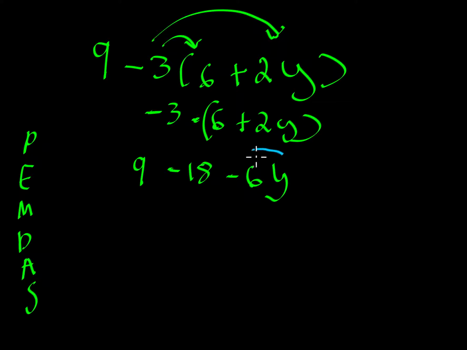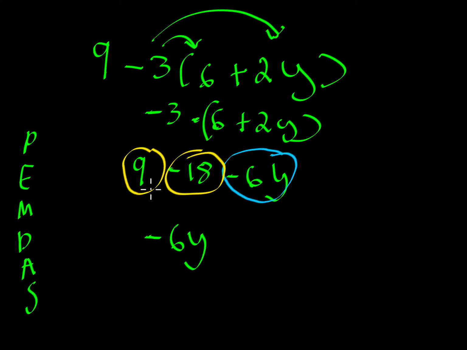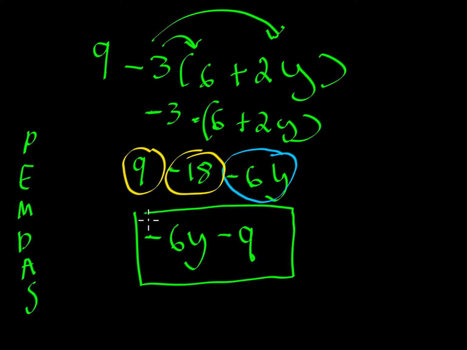There's only one algebraic term here that has a variable, negative 6y, so you can't add anything to it. However, there are two constants here, 9 and negative 18, which means we can add them together. So let's write the negative 6y first, and then the answer to 9 plus negative 18. 9 plus negative 18 is negative 9. And so our answer is negative 6y minus 9.